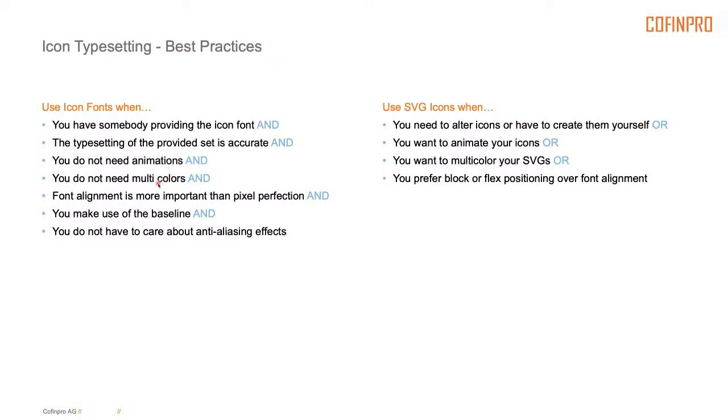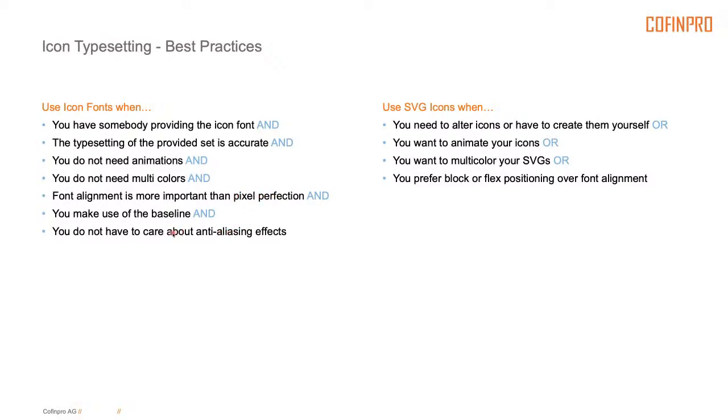Same holds for multicolors. And you should only use icon fonts if you really want to make use of the baseline. So you want to align those icons according to your respective font. And this font alignment has to be more important than actual pixel perfection.